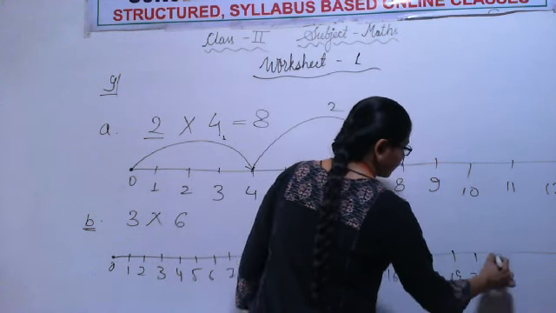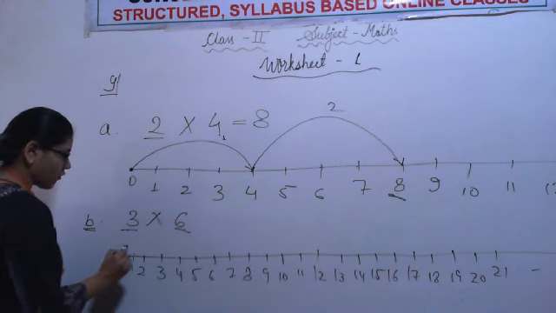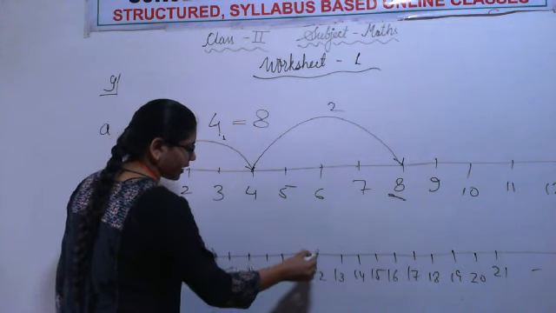So 3 times number 6. So we will skip 3 times number 6. So let's start 1, 2, 3, 4, 5, 6. For the first time 1, 2, 3, 4, 5, 6.